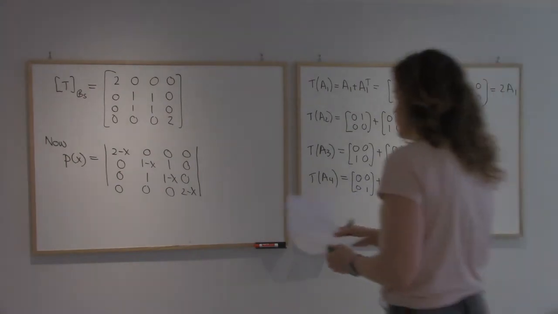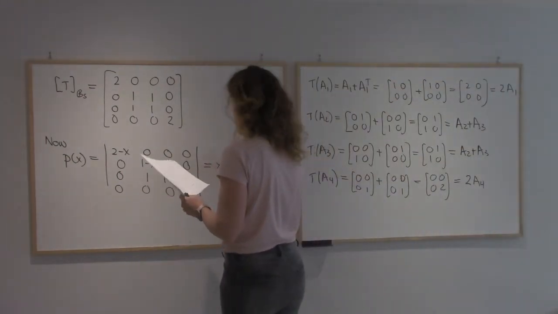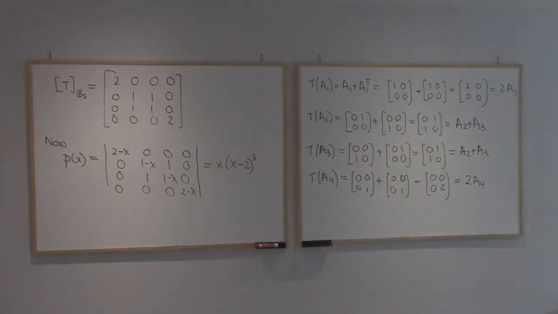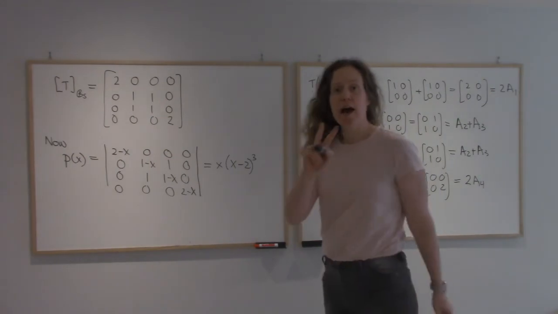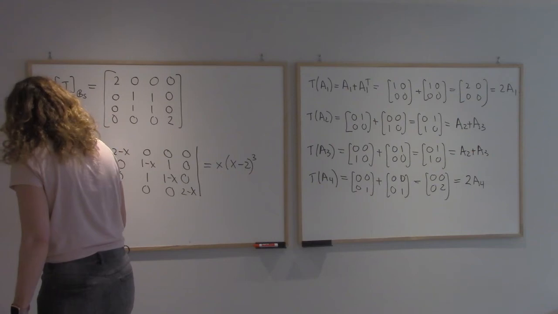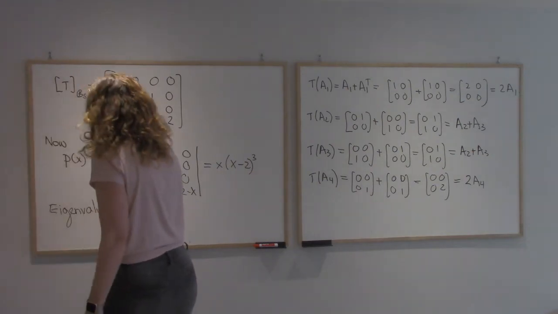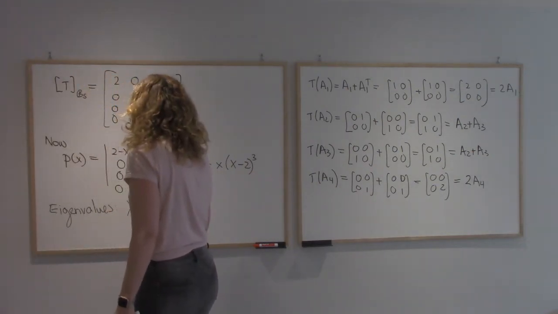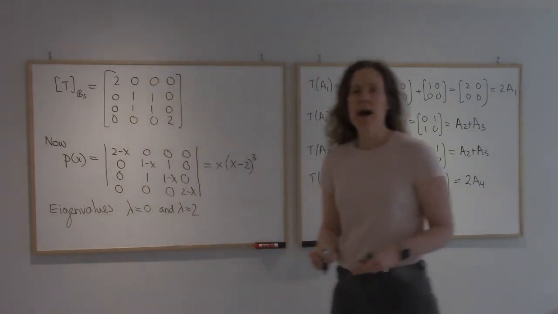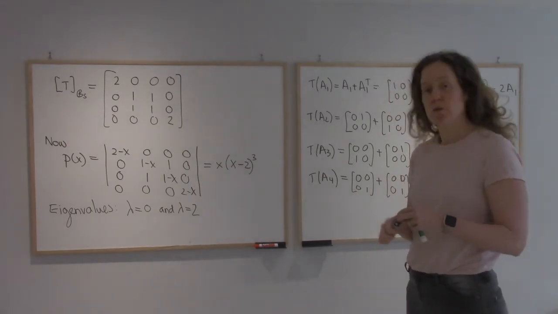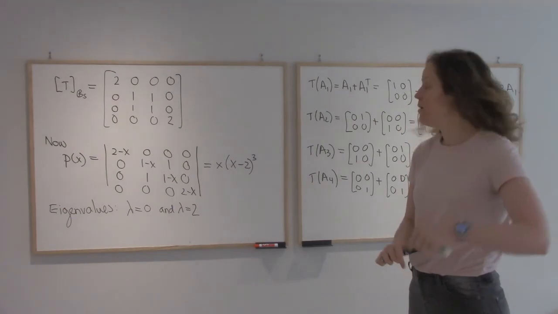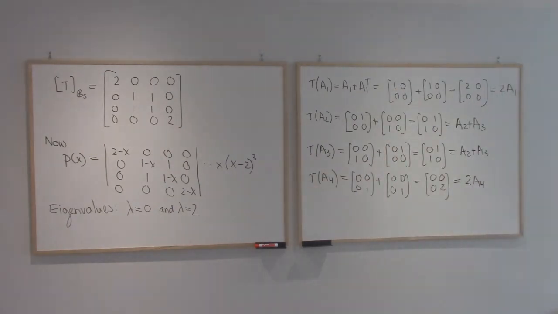I've already done it, and I got x times x minus 2 cubed. That means I have two eigenvalues. I get lambda equals 0 and lambda equals 2. So I have my two eigenvalues, 0 and 2. Those will turn out to be eigenvalues for the linear transformation T as well. For now, let's find eigenvectors for these.